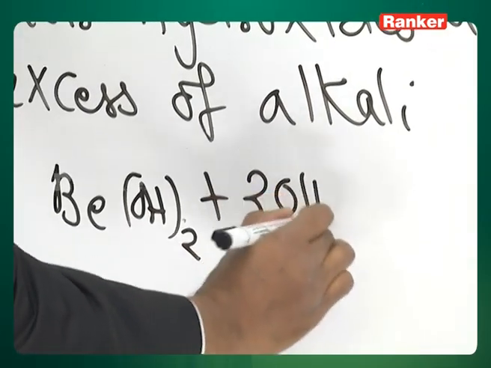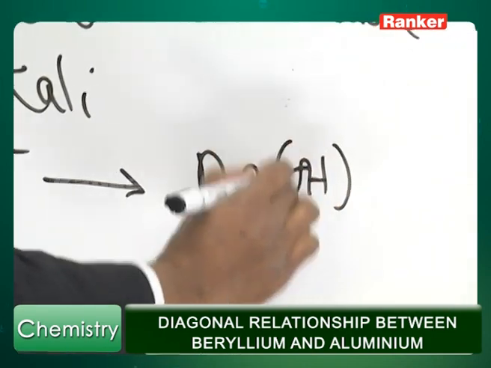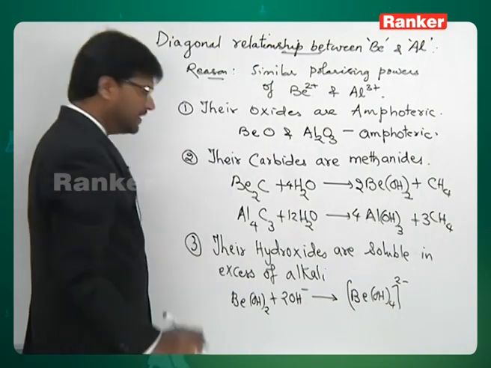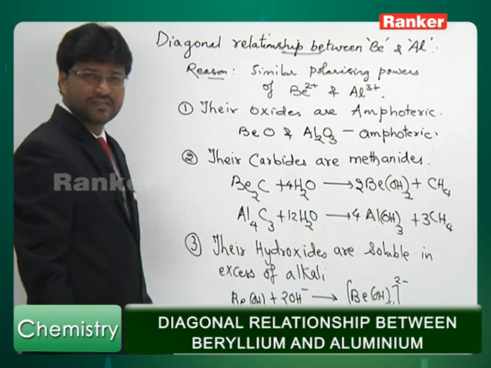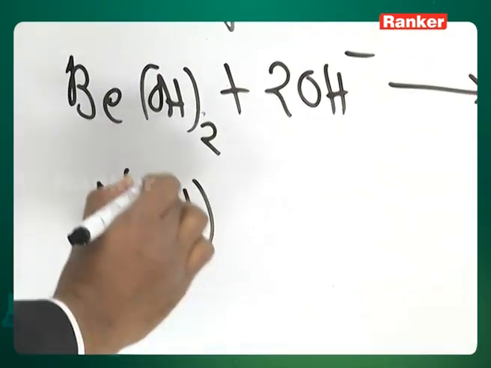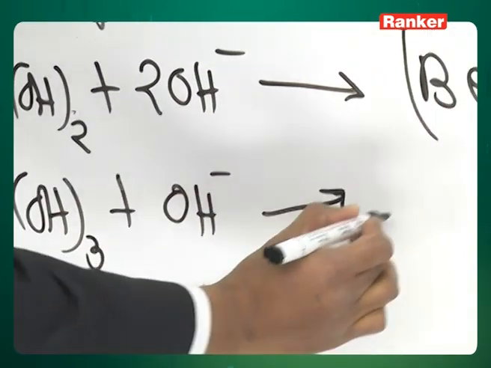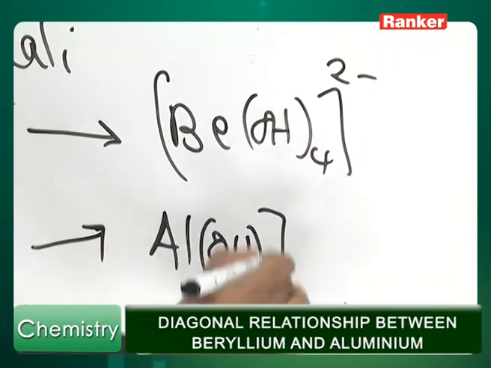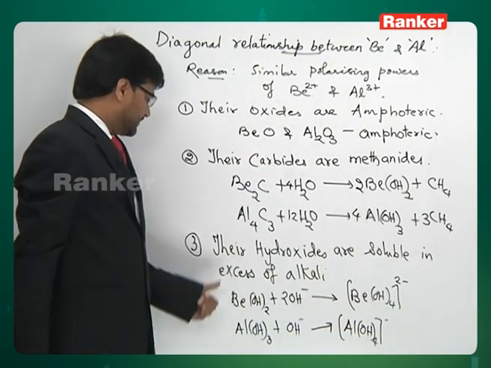If you put it in alkali, it will dissolve as beryllate. Similarly, aluminium hydroxide will dissolve in alkali to give aluminate, Al(OH)4 minus. This is a similarity you can see.